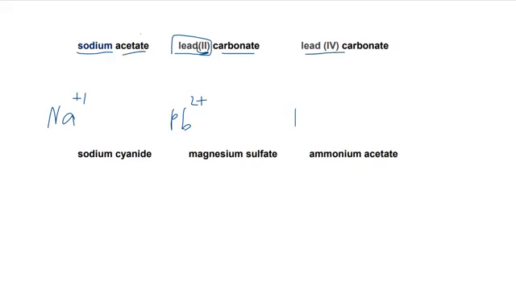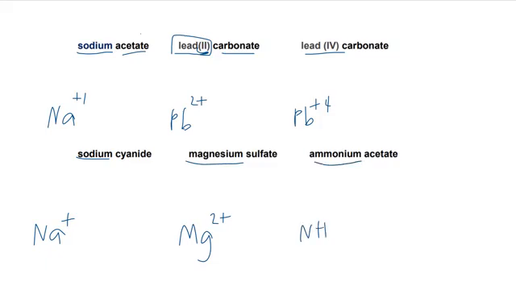Lead 4, so we're going to have Pb +4. Sodium, that's an Na+. Magnesium, Mg, that's a 2+. And ammonium, oh, we just did that one, right? That's NH4 +1. Okay, now we're going to flip back. We're going to find what acetate is.